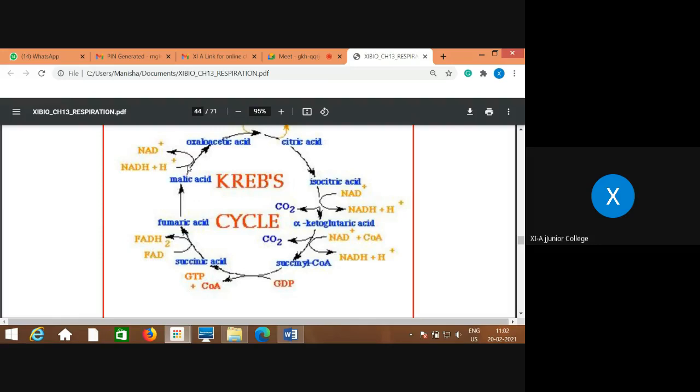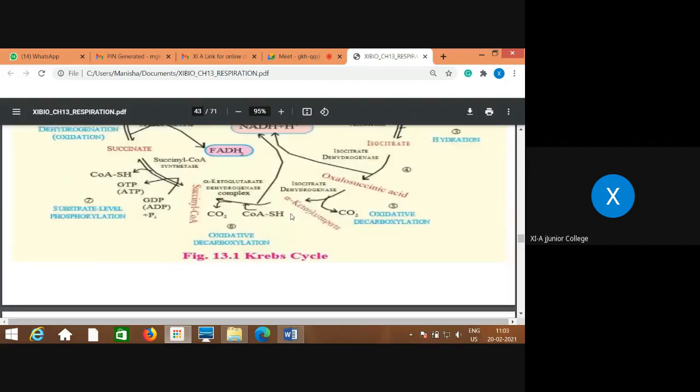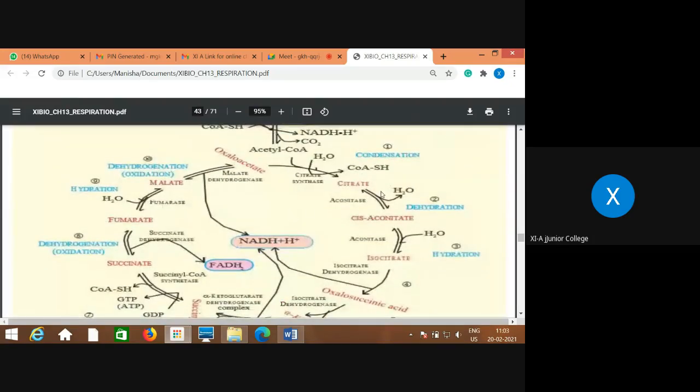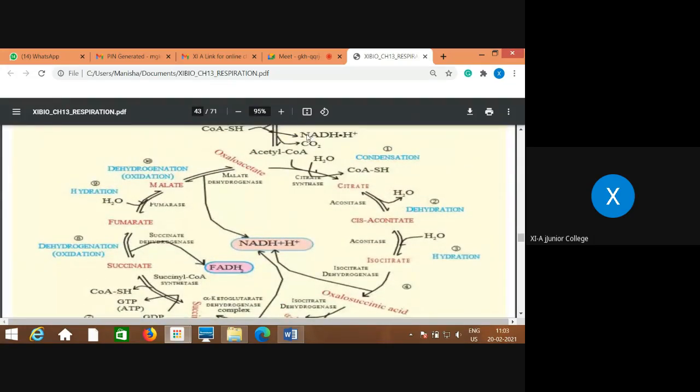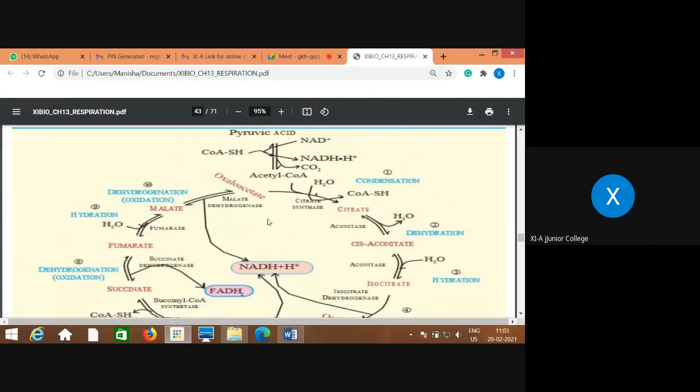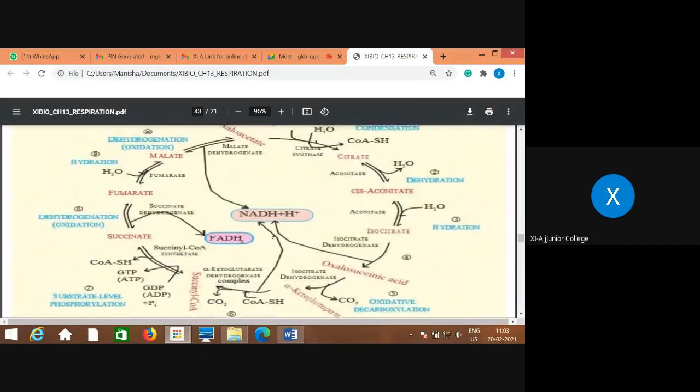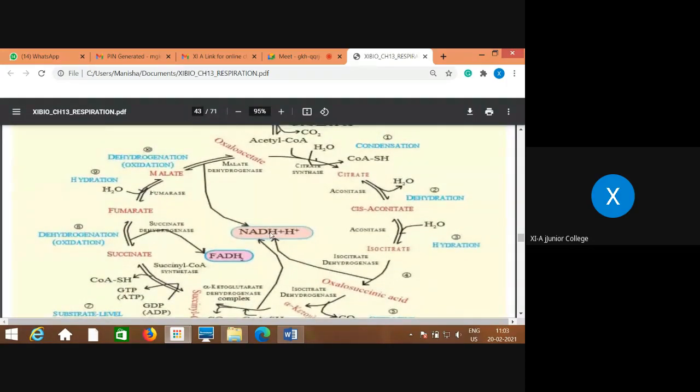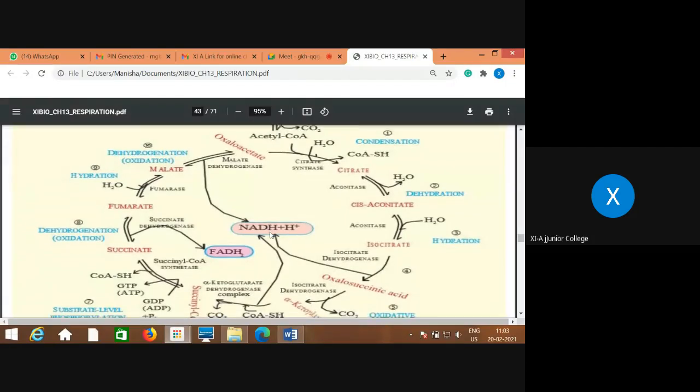Hydration takes place, then malic acid gets converted into oxaloacetic acid with the third dehydrogenation reaction, and this is the third NADH2 formed. So remember the steps shown in the previous diagram, at what number what is formed. Here it is very clearly observed, but if you think it is a little bit complicated and you are not able to remember all these cycles, you need to learn by heart, write it down, then only you will be able to write it.